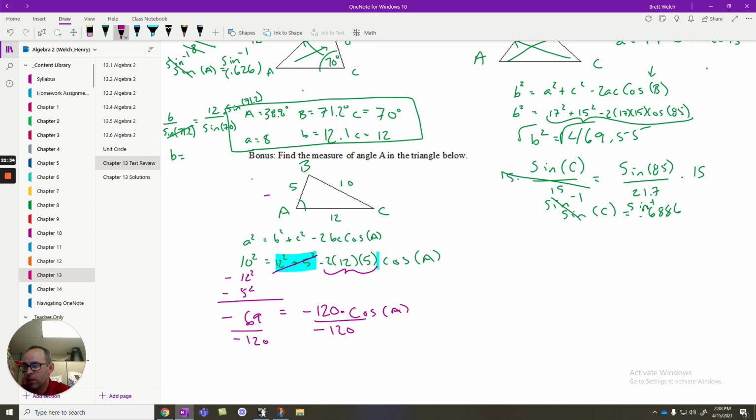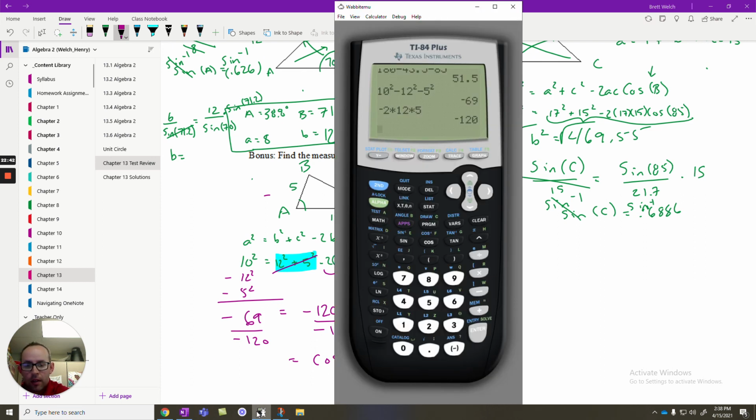So now the cosine of capital A comes out to be 69 divided by 120. Those negatives are going to cancel. They won't always cancel. It just depends on that first number. But I get 0.575.